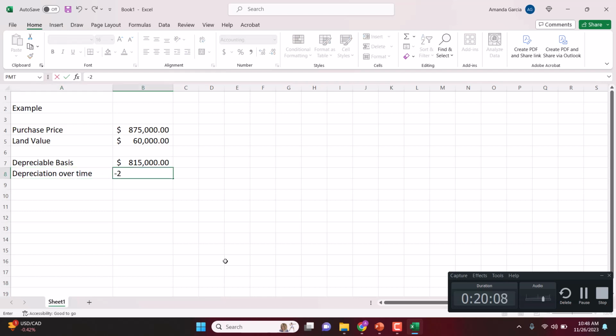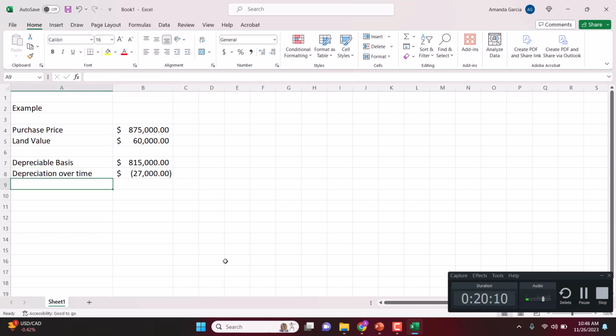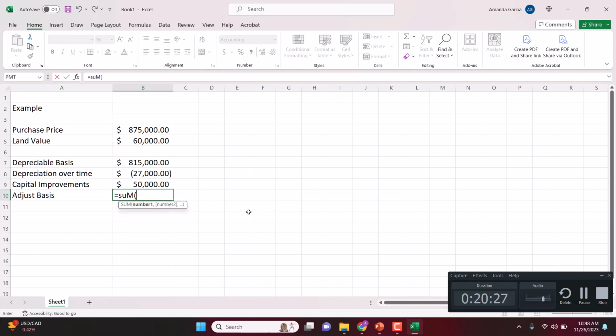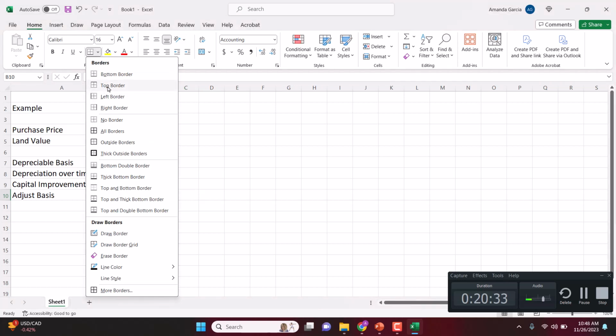So John took 27,000 in depreciation, and then capital improvements, John made 50,000 in capital improvements. His adjusted basis in this property is 838,000.